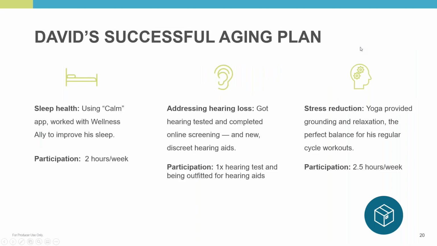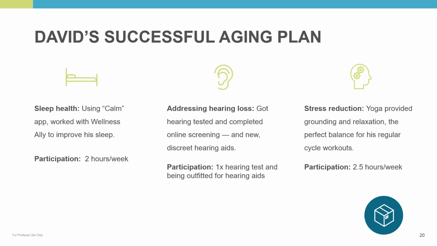So here's an example of his successful aging plan with regards to the Never Stop Wellness program. Sleep health: he wants to improve his sleep health, and his participation is 2 hours per week. He wants to address his hearing loss: he got his hearing tested, completed an online screening, and has new hearing aids. His participation is a one-time hearing test and being fitted for hearing aids.